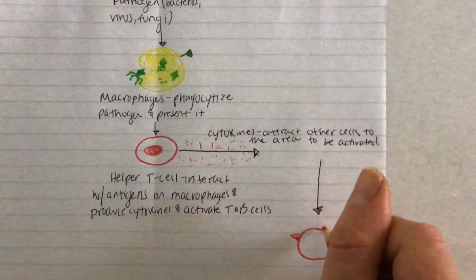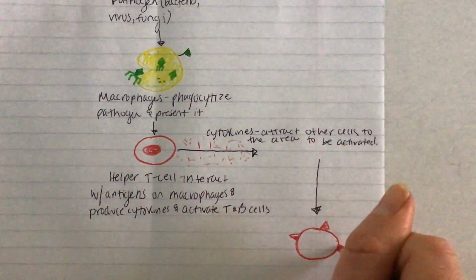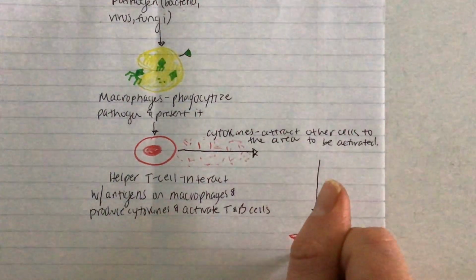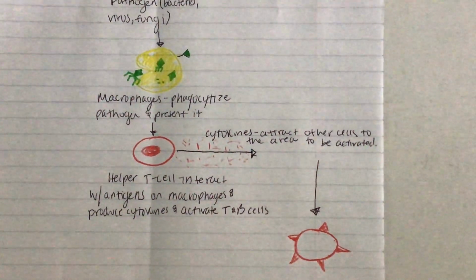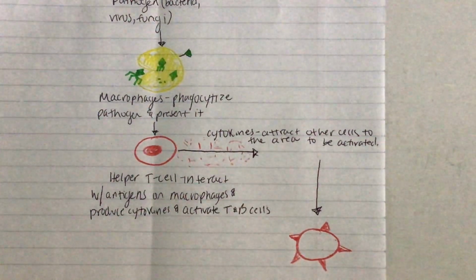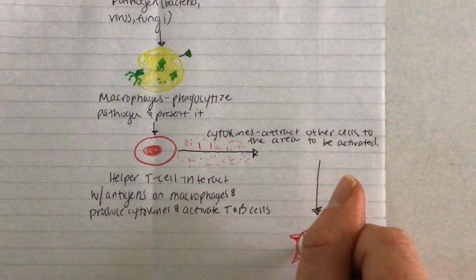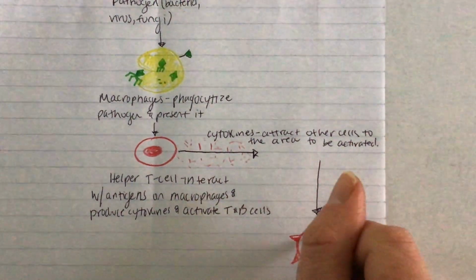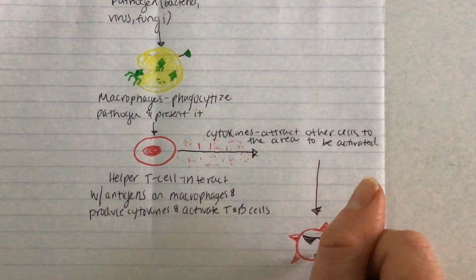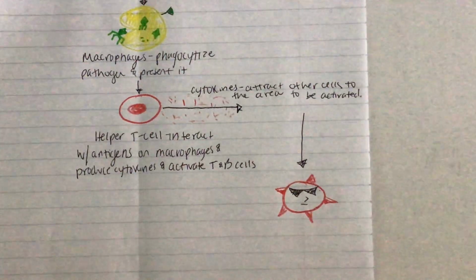I'm going to draw them with some spikes because these are going to go up to our body's infected cells and poke them. So here's their poking spikes, and then inject them with something called perforin. So kind of like little assassins. I'm going to give it some shades. I don't know. There we go. Okay. So this is our cytotoxic T cell.